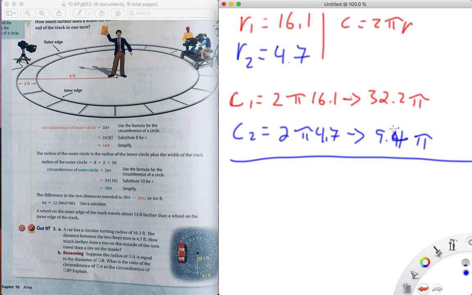They want to know how much the difference is on the outside of the tire. So this is the difference on the outside of the tire. So 9.4 pi is equal to 29.5, and it's going to be in feet. And that's it.